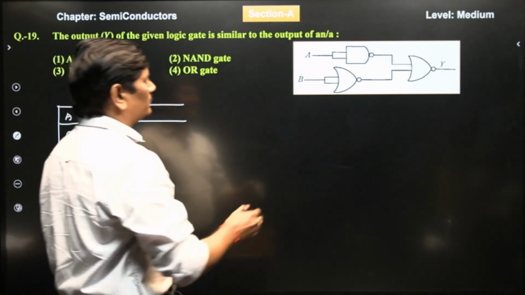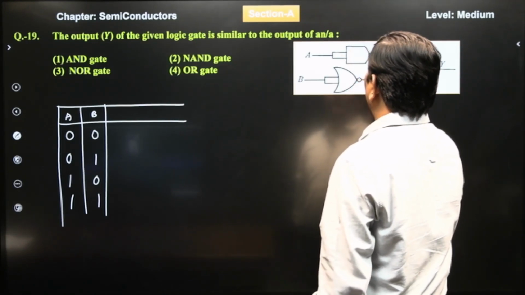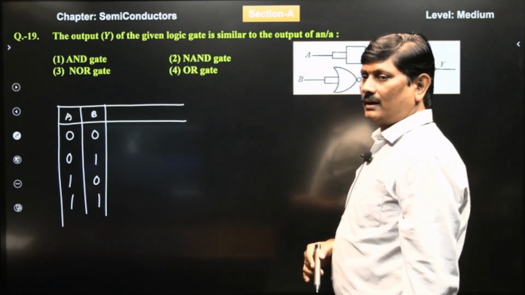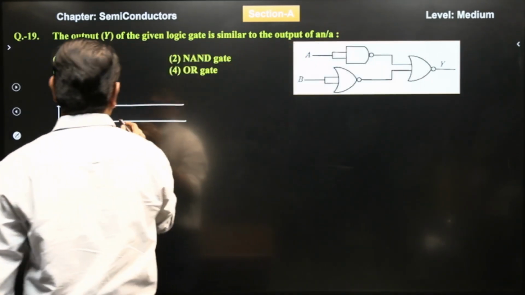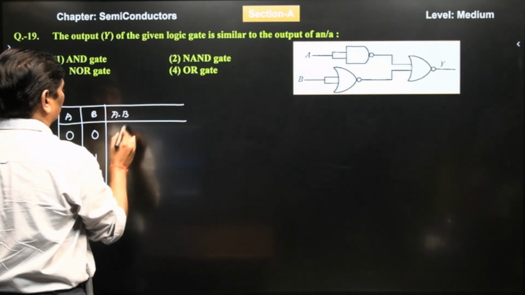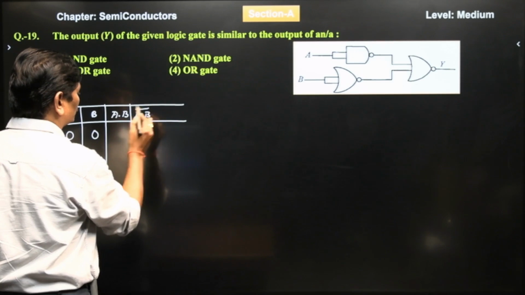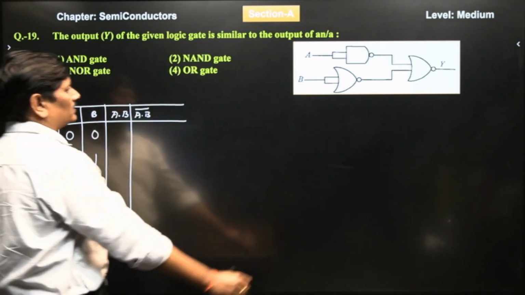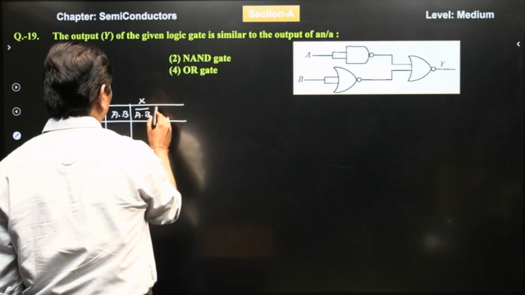The first gate you see, this gate, it is a NAND gate. NAND gate means you can write A and B followed by inversion. This is what you can take as some x.